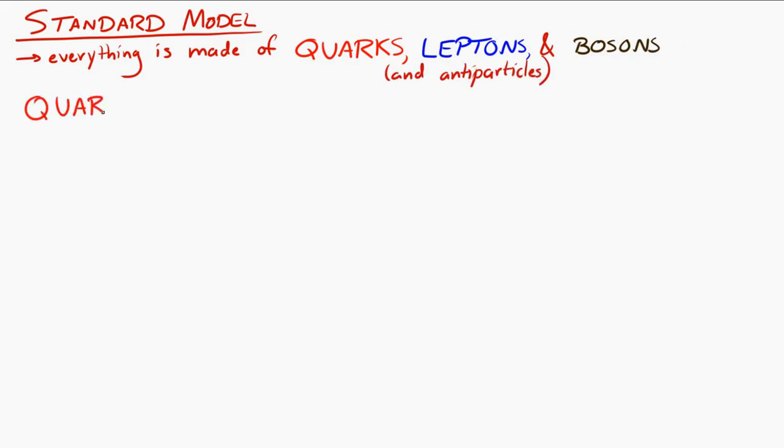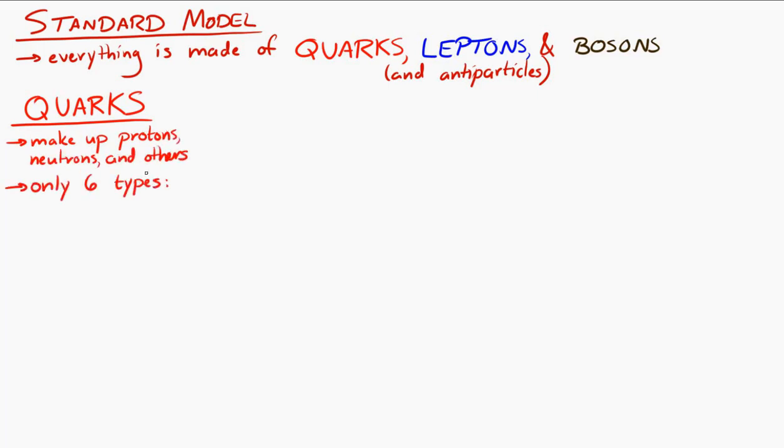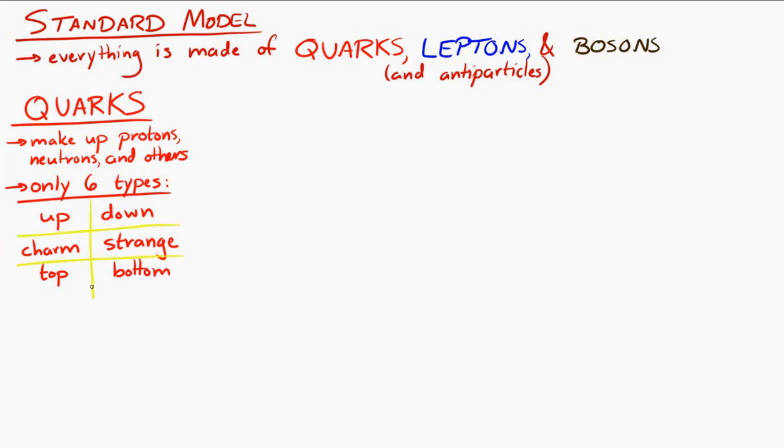Quarks are things that make up protons, neutrons, and some other things. And there are 6 types of quarks, only 6. And they have strange names. They were named by people in the 60s, so they have strange names. Quarks are up quarks, down quarks, charm quarks, strange quarks, top quarks, and bottom quarks.